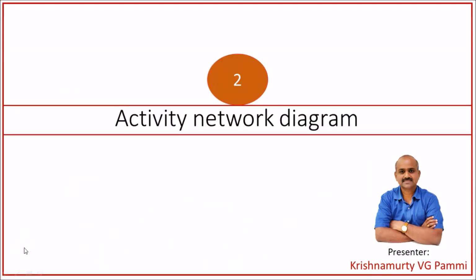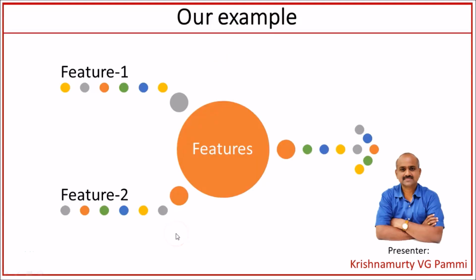Let us draw an activity network diagram using an example. Our example consists of building 2 new features to the already existing feature set of our product.